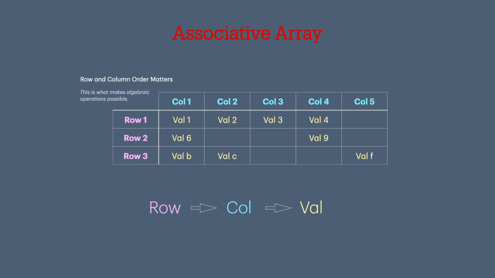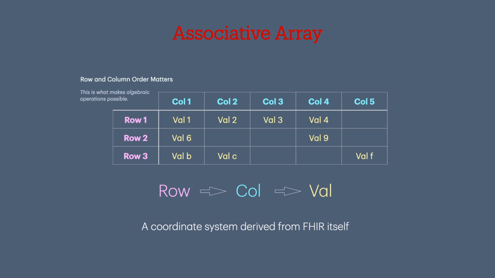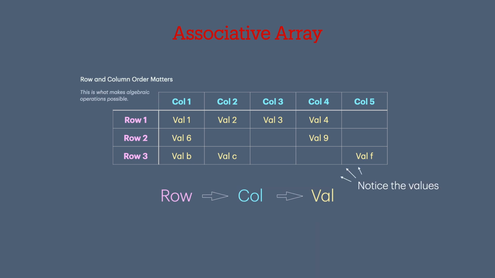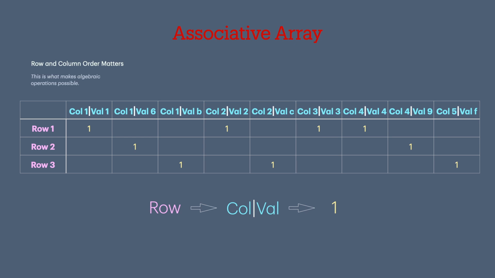This is how an associative array works conceptually. Rows and columns are ordered. There is a second characteristic to notice here. Watch what happens to the values. Instead of remaining in the cells, the values are appended to the column key, separated by a delimiter.